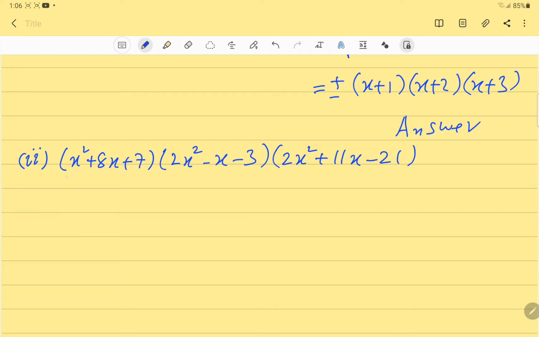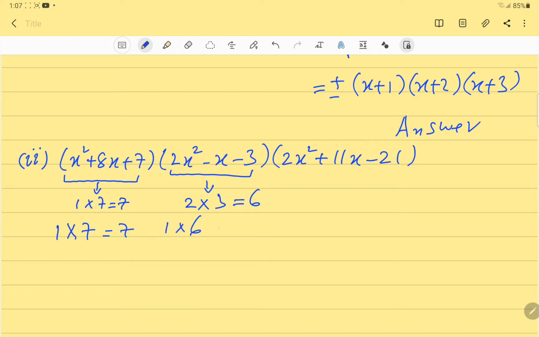Coefficient of x squared is here 1. So we will multiply 1 with 7. I think you should be proficient with this procedure by now, as we have done it so many times. So here we have only one pair of factors. Then we go to the second one. We multiply 2 with 3. So 2 multiplied by 3 is equal to 6. So we will write all possible pairs of factors. 1 into 6 is 6, 2 into 3 is 6.